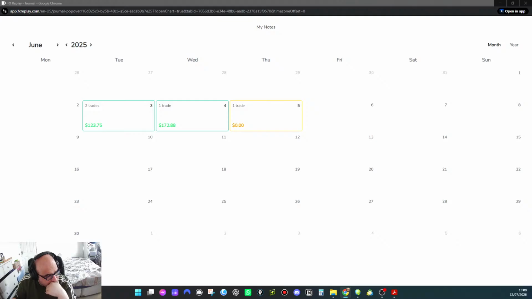I'm just gonna close this one. We don't really need it. Okay, so we took some partials. We took 50% of the position. We saw some good reaction there, which is about here.